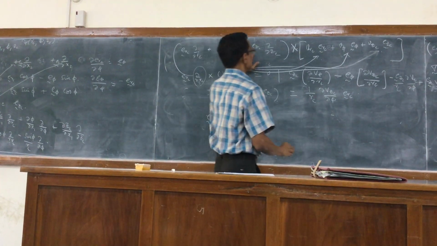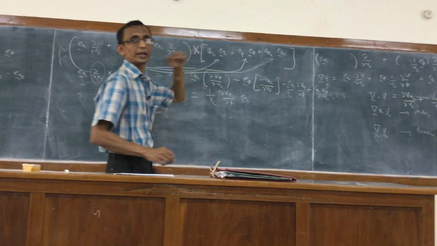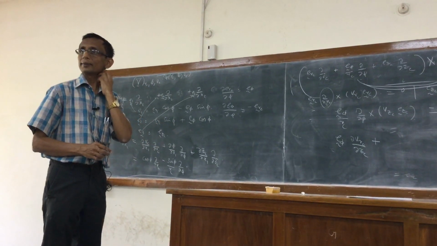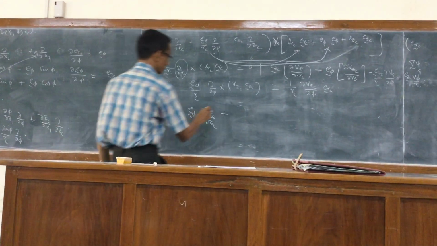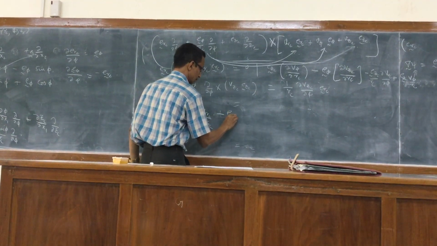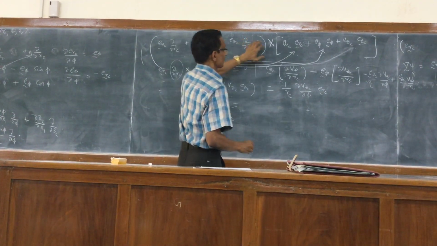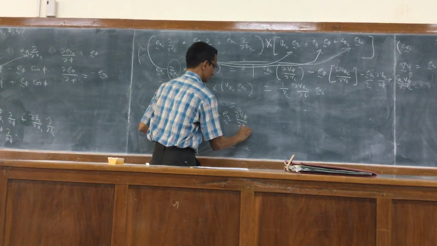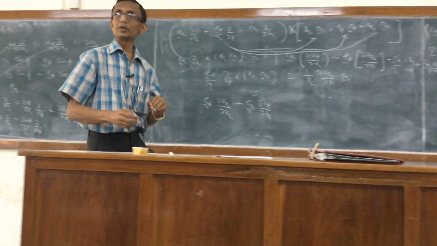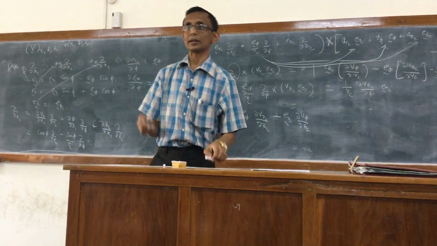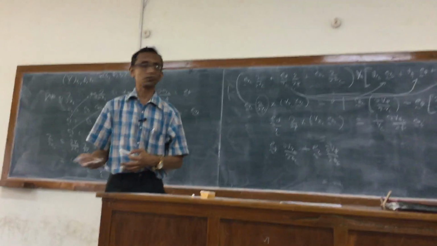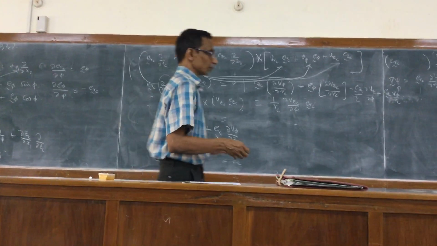Plus e_zc cross with e_phi, that would be minus e_rc. So that would be minus e_rc, and the derivative there is d e_phi by e_zc. The last one will involve a cross product of e_zc with itself, and that is 0 by the rule of the vector product of two vectors. So this is all I'm going to get.